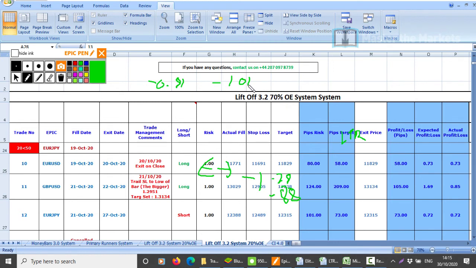And then in terms of Lift Off 70%, which is a shorter term one, which comes up much faster to smoothen the drawdowns a bit, that was positive 0.72%, and then we had 73 pips positive as well. And then in terms of Cash In 4.0, we had minus 1.93%, and minus 132 pips on the TSL primary, but we've got two big runners happening on Euro Yen and Euro Dollar. We haven't closed those out yet, but on the closed positions, that's what we got for this week.